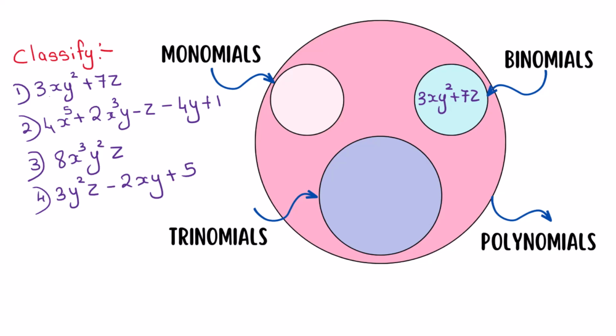In question number 2, we can see that there are 4x to the power of y, one term, 2x cube y, minus z, minus 4y and 1. So there are 1, 2, 3, 4, 5. And so it is called a polynomial.